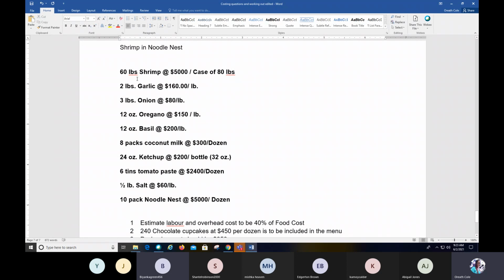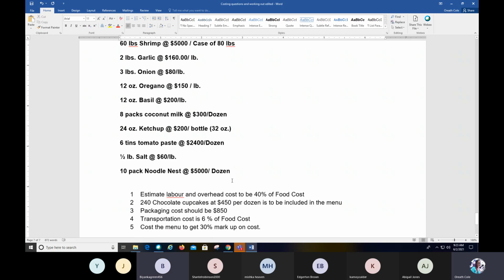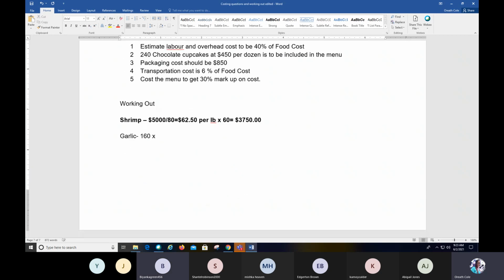Look at the recipe. Multiply 160 by 2. 160 times 2 would equal 320. Excellent.